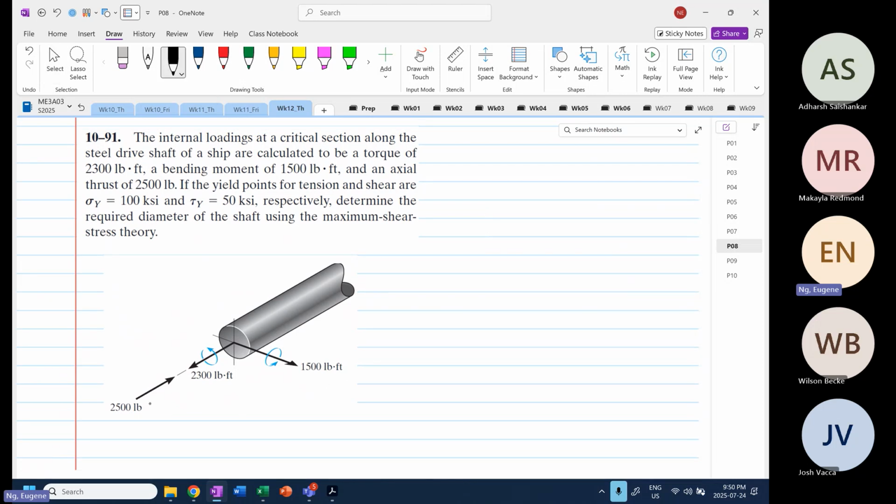So if there is your axial load, this is your torque, and this is your moment. So they already give you the moment, the torque, and the axial force. We have to determine where failure occurs. This is an important problem. Tomorrow we're going to look at the maximum shearing stress criteria.